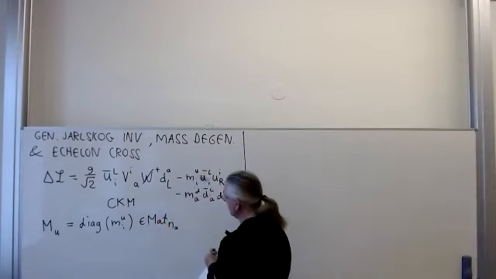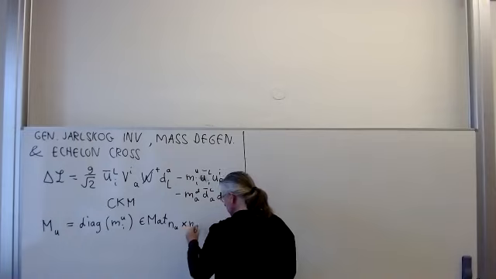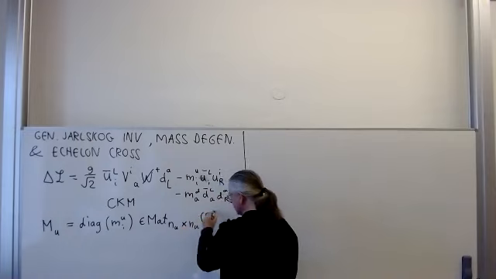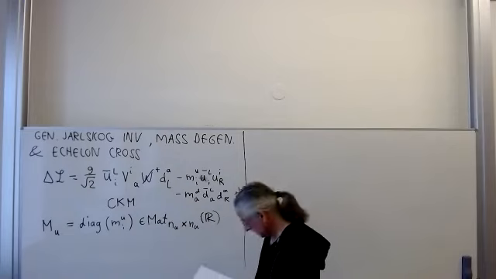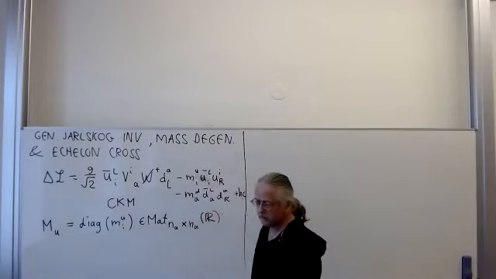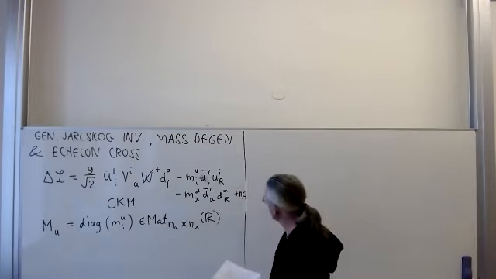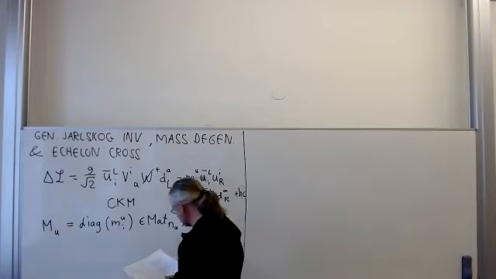I call the number of up quarks N_U and the number of down quarks N_D. So this is a diagonal matrix here, and there's a similar matrix for the down one. Is this clear?